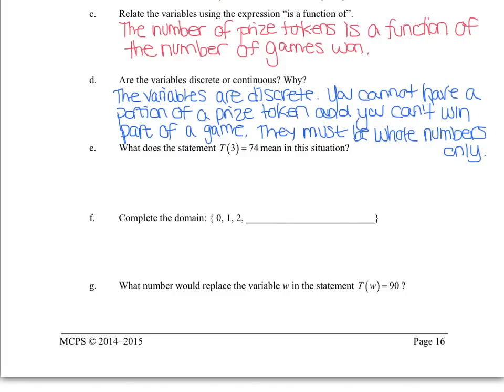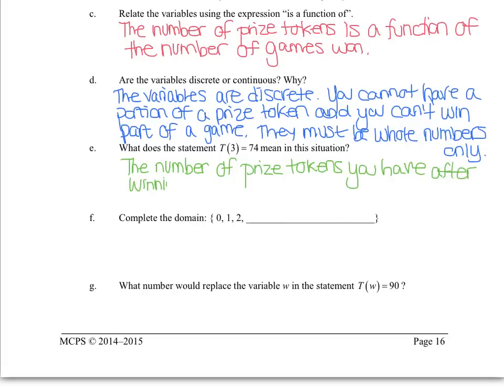So this statement means the number of prize tokens that you have after winning 3 games is 74.